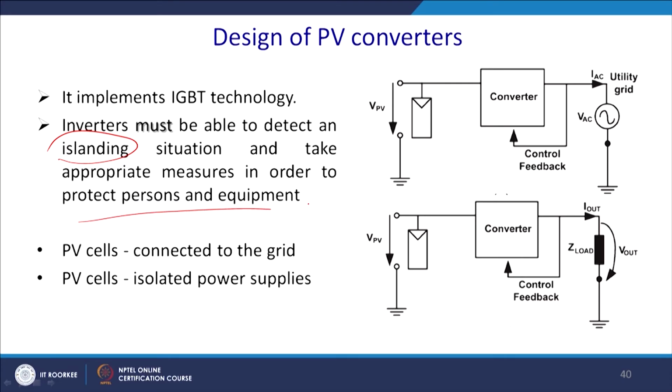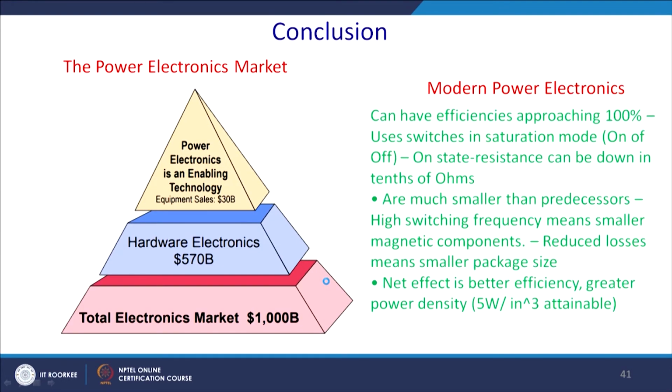So, PV cells are connected to the grid, and PV cells can also give isolated power supplies. A little bit of power electronics is featured in the total worldwide economy, and this is US data. Of course, India centric data are not available, but we can dig out the practical data.